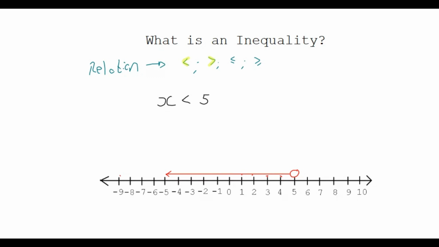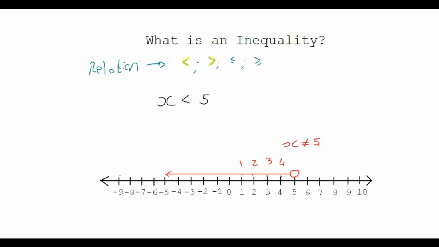When we speak of something that is equals to 5, we would put a stripe at the bottom. So, without that line beneath the less than sign, this means x is actually all of these numbers from minus infinity. x can be 1, x can be 2, x can be 3, x can be 4. But x cannot, I repeat, cannot be 5 itself.